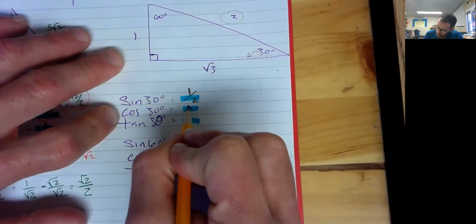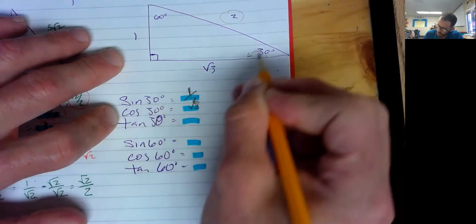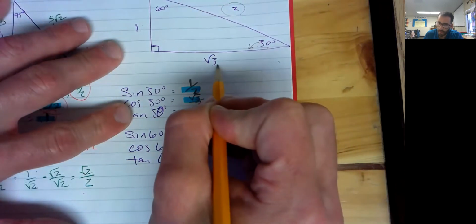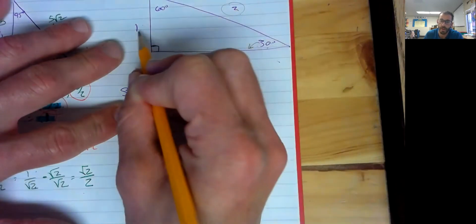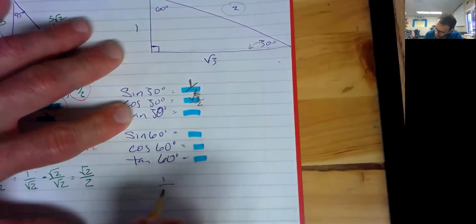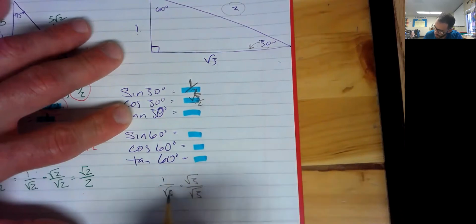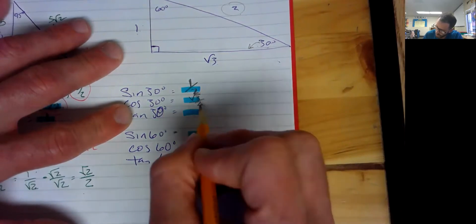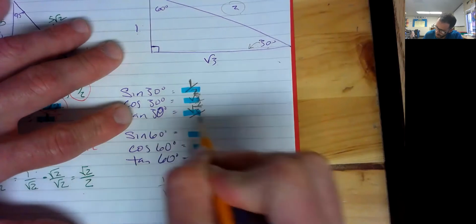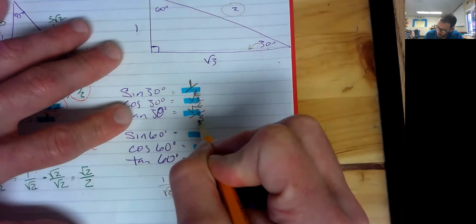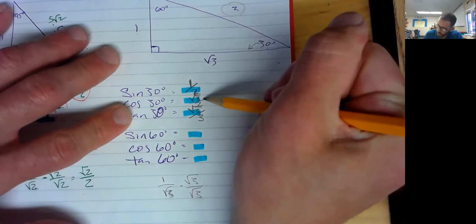It's rad 3 over the hypotenuse, 2. Now finally the tangent, we're probably going to have to do some math. Opposite over adjacent, 1 over rad 3. I don't like the rad 3 down there, so I multiply by itself over itself. 1 times rad 3 is rad 3. Rad 3 times rad 3 is rad 9, which is 3. So we have 1/2, rad 3 over 2, rad 3 over 3.